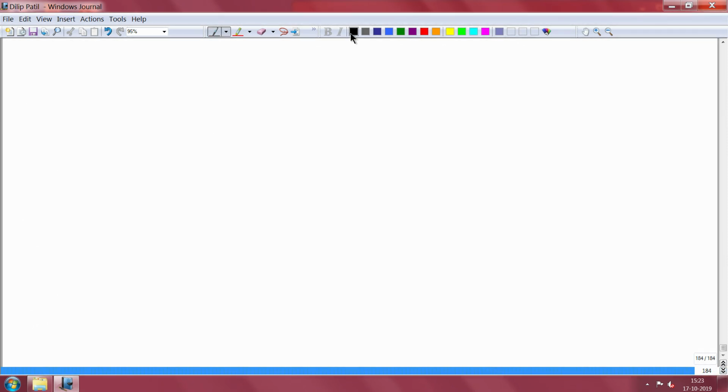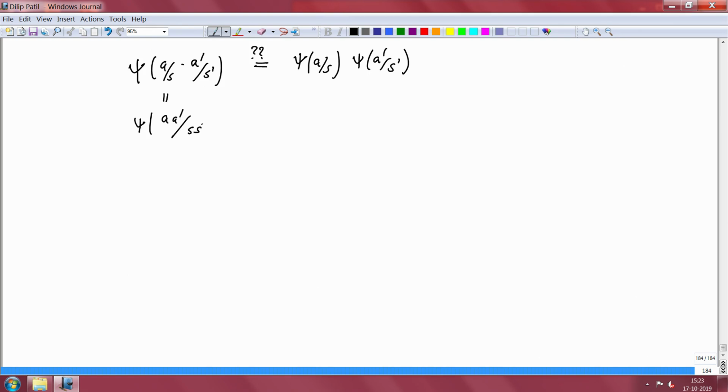Now for the multiplication we need to prove that psi of a by s times a prime by s prime is equal to psi of a by s times psi of a prime by s prime. But what is this we have defined? This is psi of a a prime divided by s s prime.